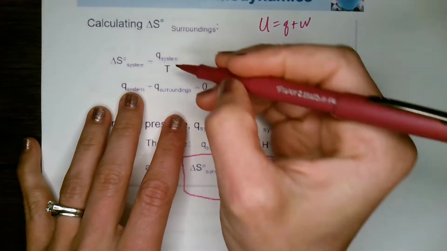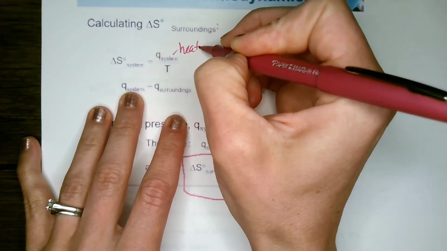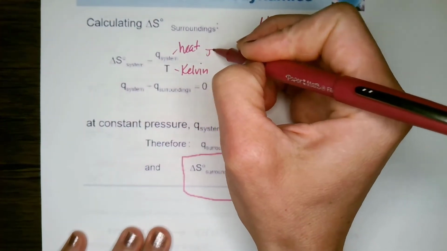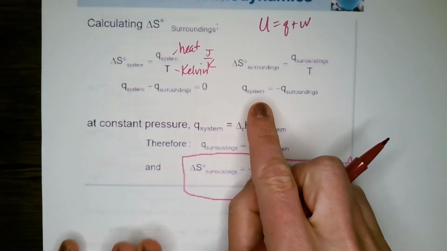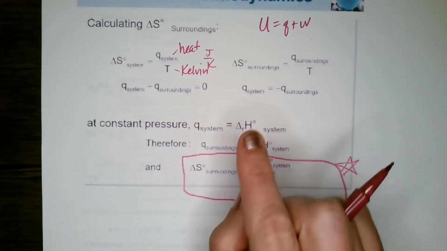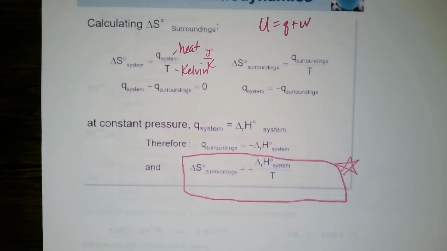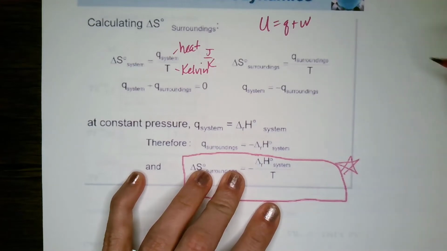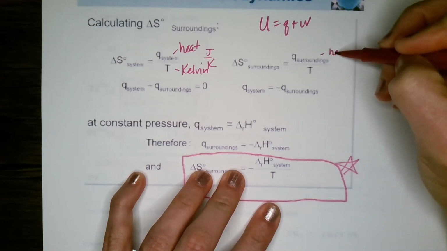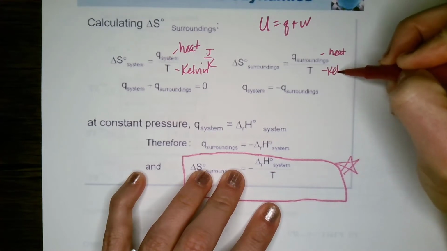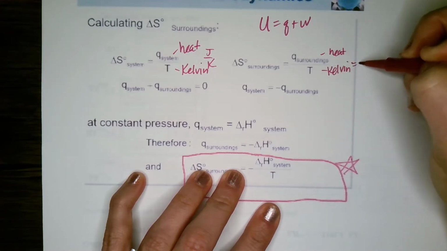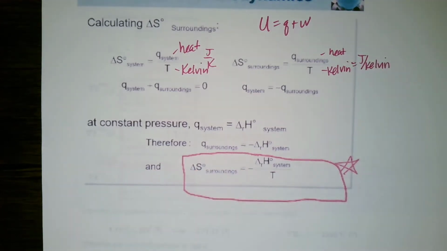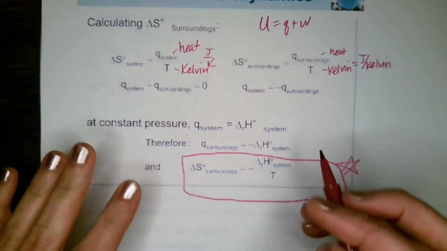We defined the entropy of the system to be related to the heat, which is Q divided by temperature, and the temperature is in Kelvin to give us joules per Kelvin. We also looked at the entropy of the surroundings as being the heat from the surroundings divided by that temperature in Kelvin, also giving us a joules per Kelvin unit.